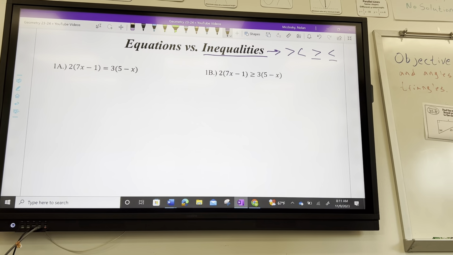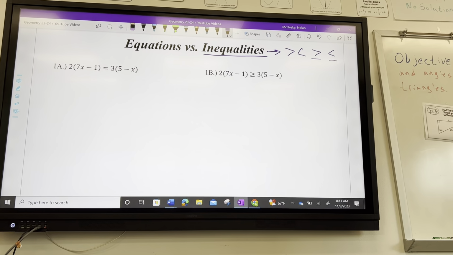If we're going to graph this on a number line, which isn't done very often with equations because it's very, very simple, you would just take a point, a dot, and put it underneath the 1. X is equal to 1. It wouldn't go to the left, it wouldn't go to the right, because it is only equal to one thing, 1. So that's what an equation looks like on a number line.